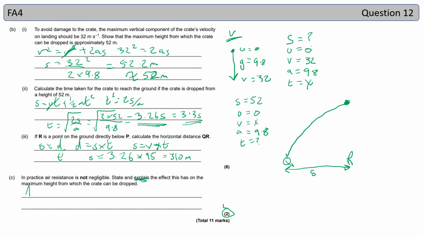If air resistance did exist, if we did have to take that into consideration, then it would produce a force countering gravity. Therefore, the acceleration due to gravity will be less in the vertical.